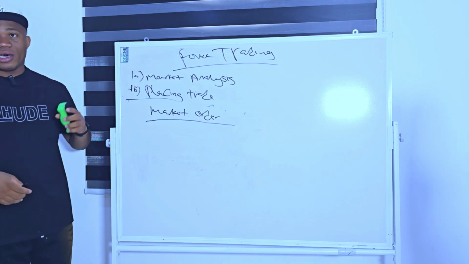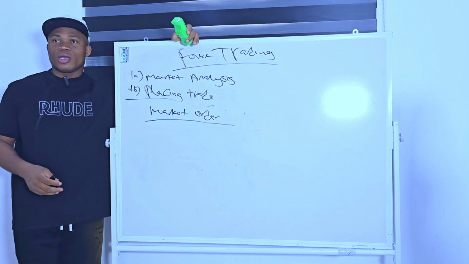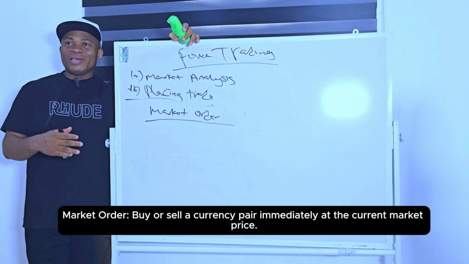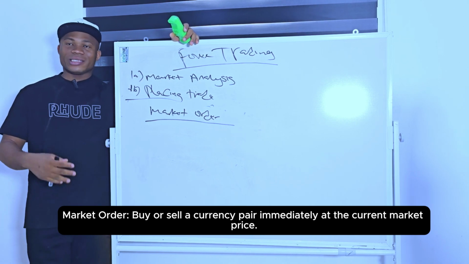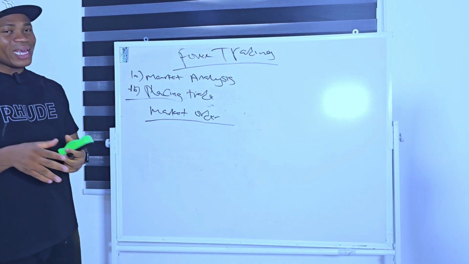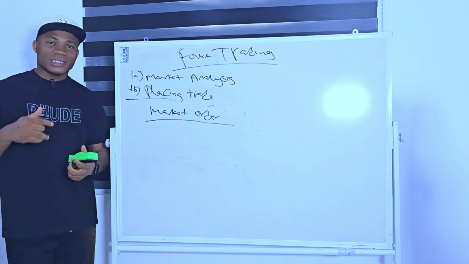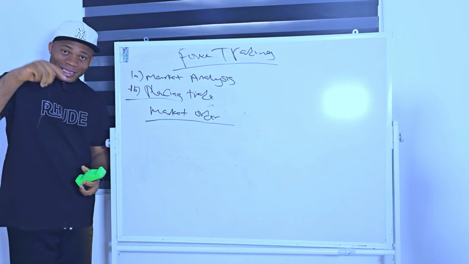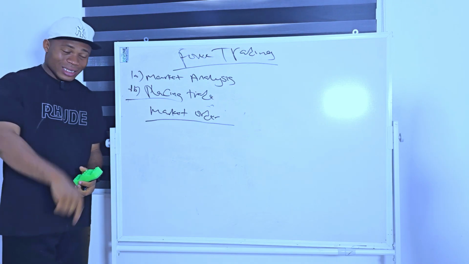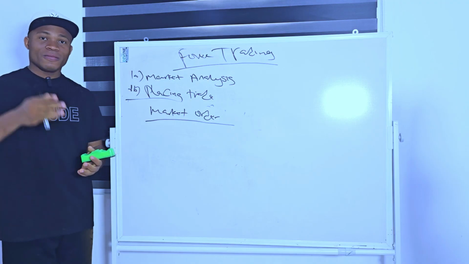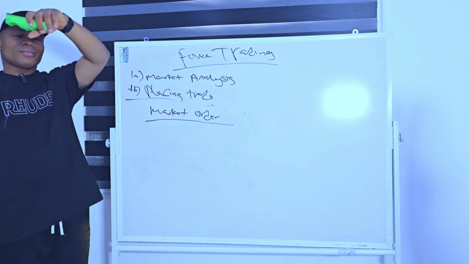Market order simply means buying or selling a currency pair immediately at the current market price. You get? So market execution simply means that you want to sell this particular currency at this particular time, this particular second. Like you want to sell or buy this particular currency immediately.